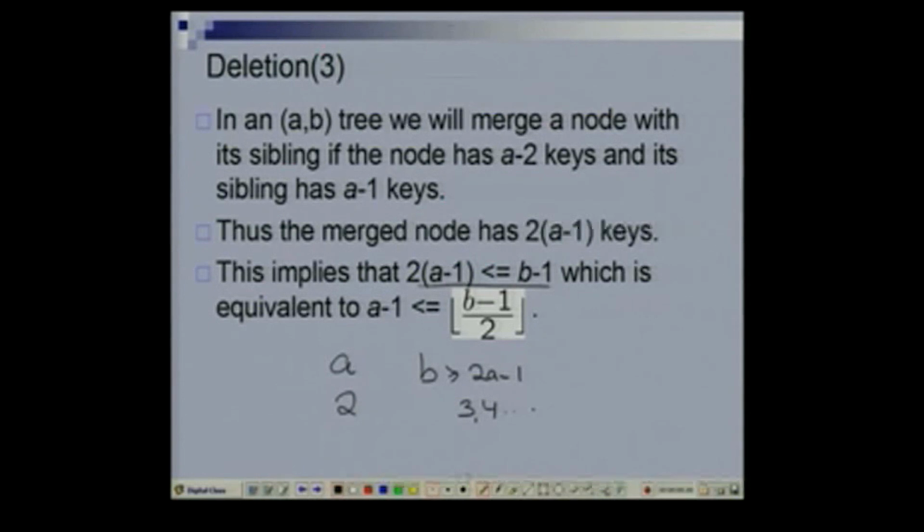Is that okay? So, that is the thing that we need to keep in mind. If we have a as 5, then b has to be at least 9, and so you cannot have a 5 7 tree, this will not work, but a 5 9 tree is okay.